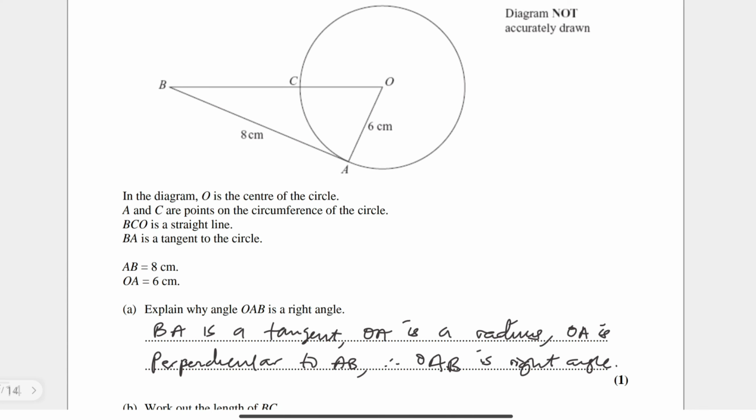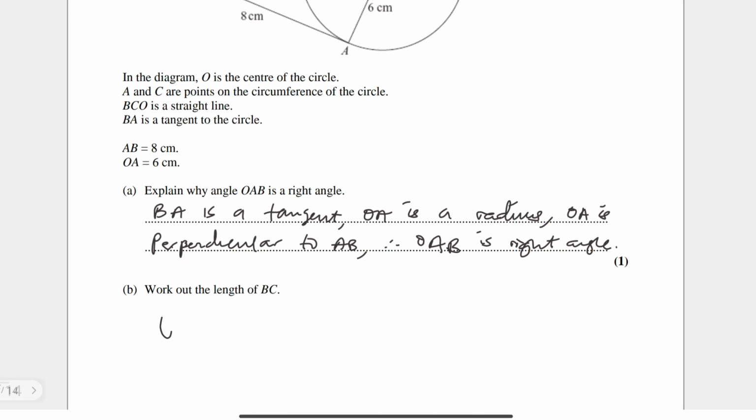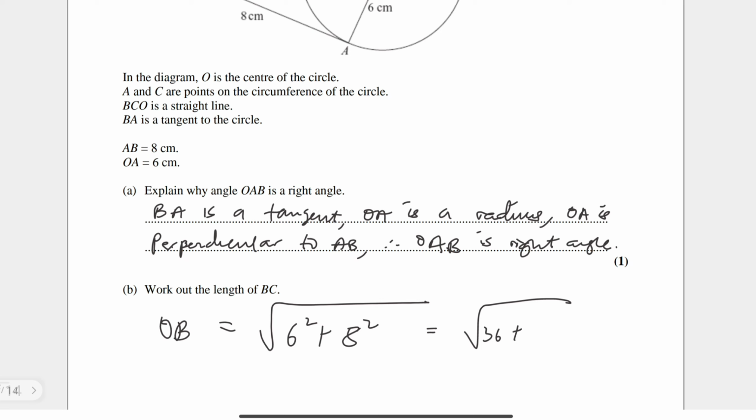So how are we going to find BC? All we have to do is find OB first. So OB is equal to the square root of 6 squared plus 8 squared by Pythagoras' theorem. That will be equal to the square root of 36 plus 64, which is the square root of 100, which is equal to 10.